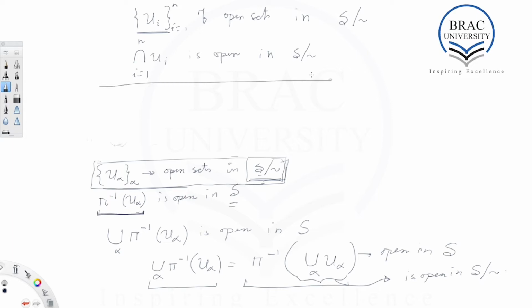This is something that we can see from here, because each of these is an open set in this quotient space. Therefore the inverse image of these open sets is open in S. So the finite intersection of such open sets is again open in S, since S is a topological space.